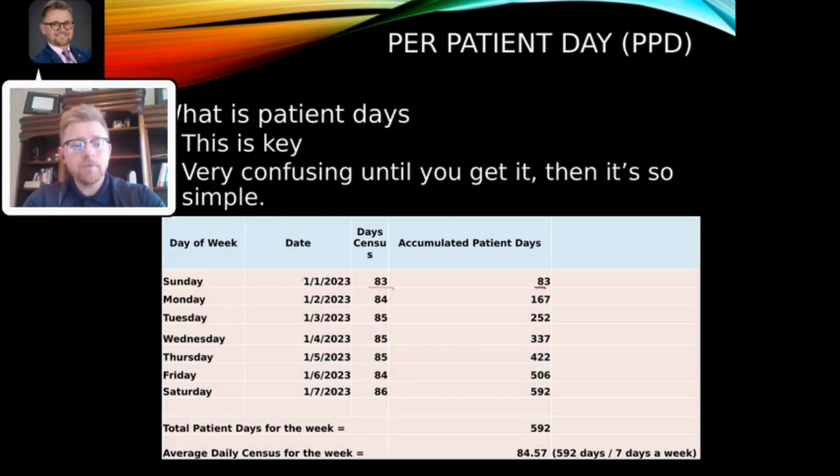Now let's go to Monday. On Monday, you get an admission, so now you have 84 heads in the bed. So on Monday night at 11:59 p.m., how many patient days do you have so far in this period, meaning Sunday to Monday?